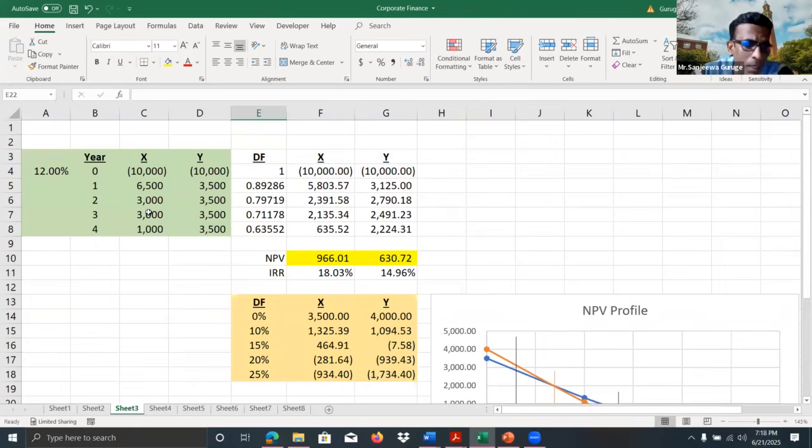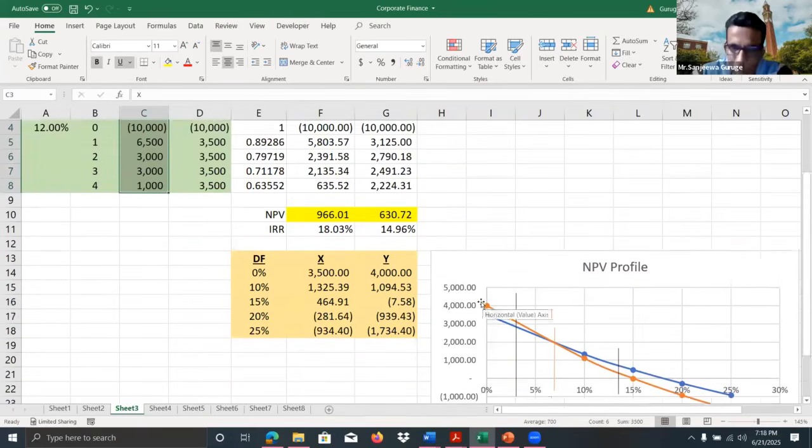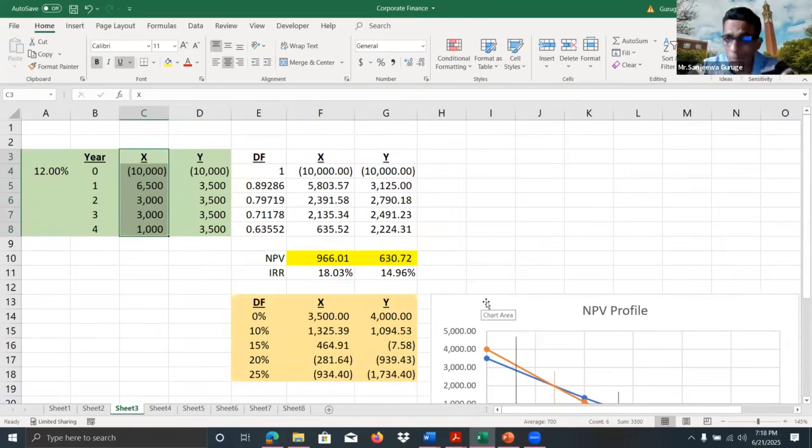Now, for example, to draw the NPV profile for project X, we can start with zero cost of capital. If the cost of capital is zero, we know practically that's not possible, right? But cost of capital zero means what? No need to discount. What is the net present value? Simply the difference between inflows and outflows.